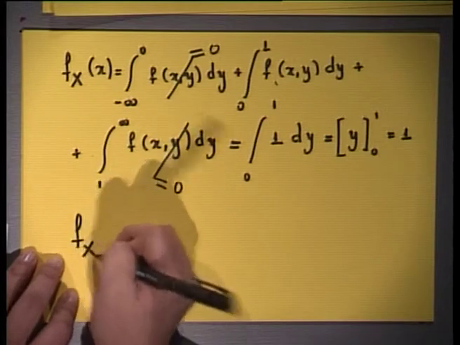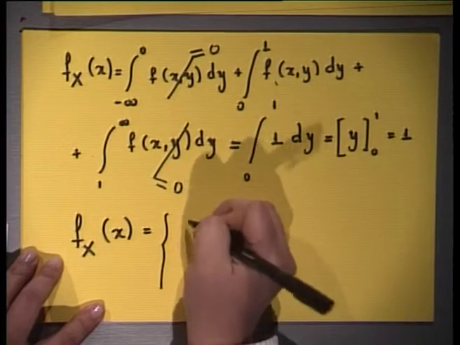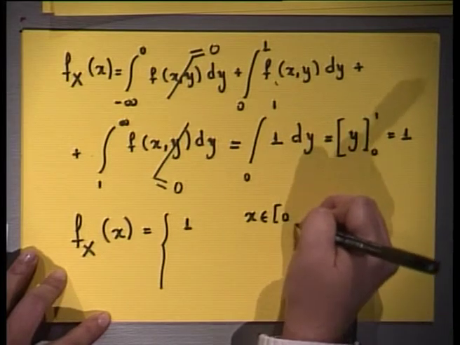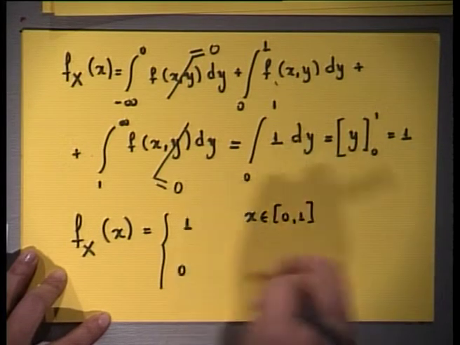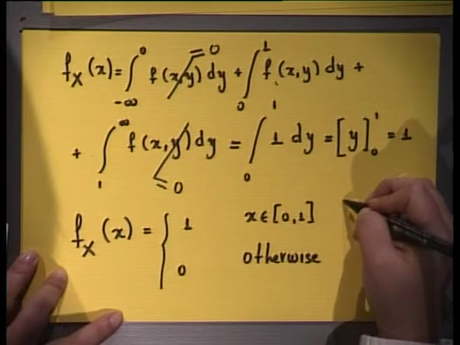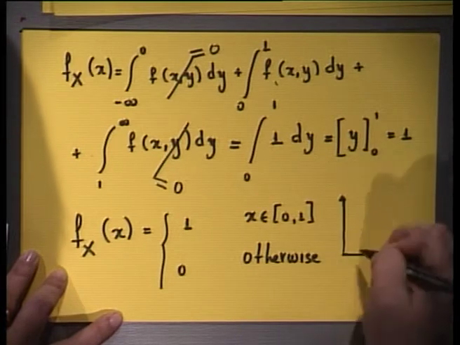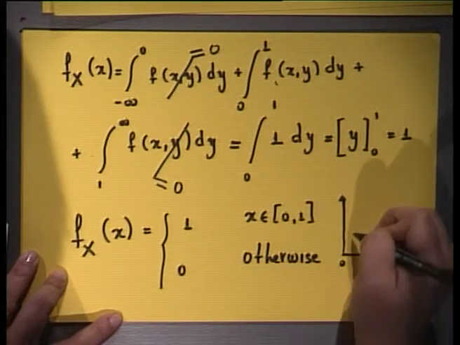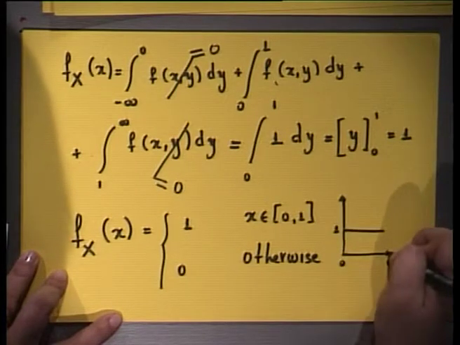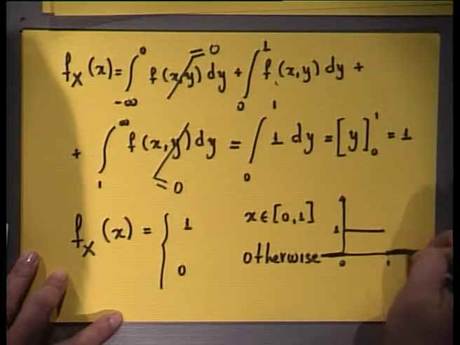And so the marginal distribution function of x will be 1 when x is between 0 and 1, and will be 0 otherwise. We have that. Between 0 and 1, it's 1, and 0 everywhere else.